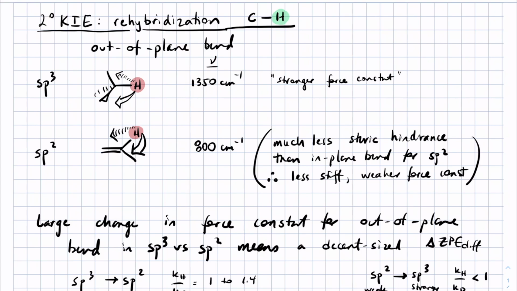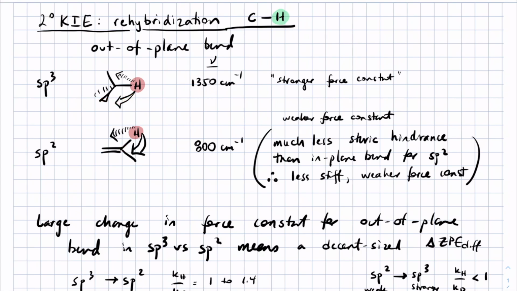But for the sp2 hybridized carbon, it turns out that same out-of-plane bend vibrational mode, again, proton coming up out at you from the page or going back into the page, has a much lower frequency, meaning it has a weaker or looser force constant. And the reason for that is there's less steric hindrance about an sp2 hybridized carbon.